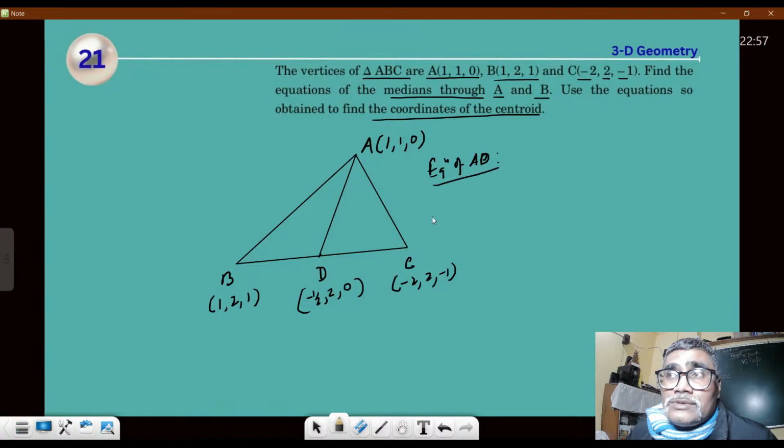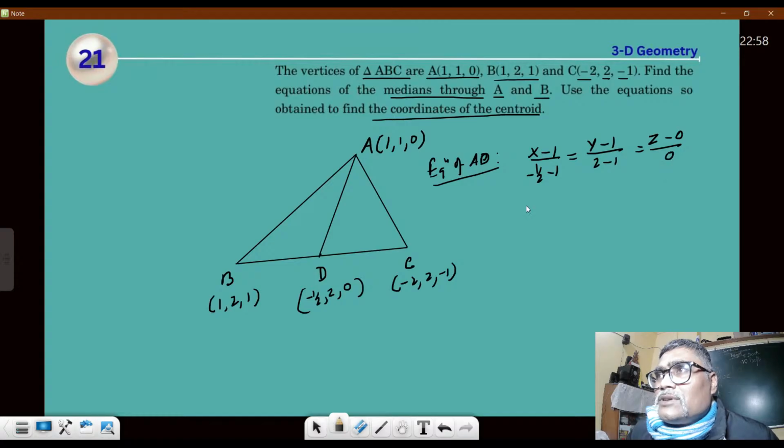How will the equation of AD be found? It will be found by using the two-point formula, that is the second type. So I'll use this as x1, y1, z1. My equation of AD will be (x minus x1) over (x2 minus x1), so (x minus 1) over (-1/2 minus 1), then (y minus y1) over (y2 minus y1), that is (y minus 1) over (2 minus 1), then (z minus 0) over (0 minus 0).